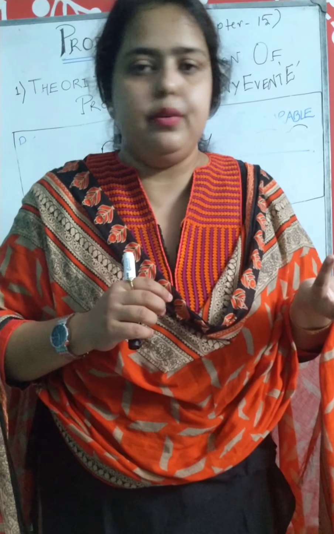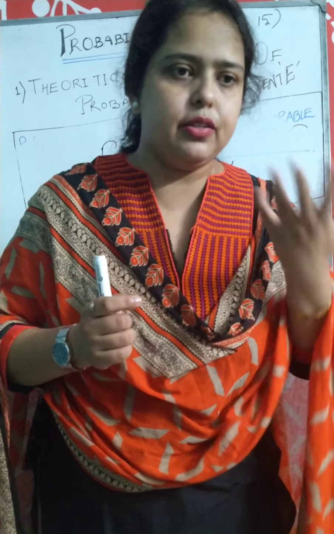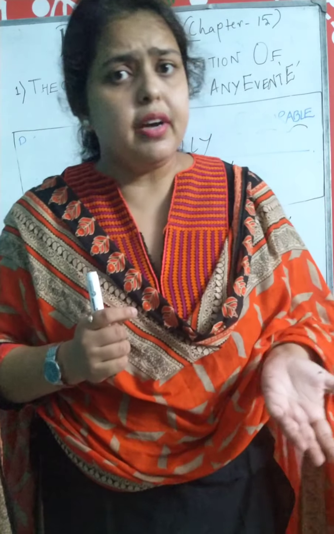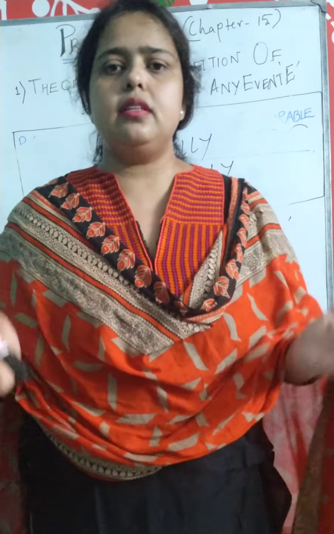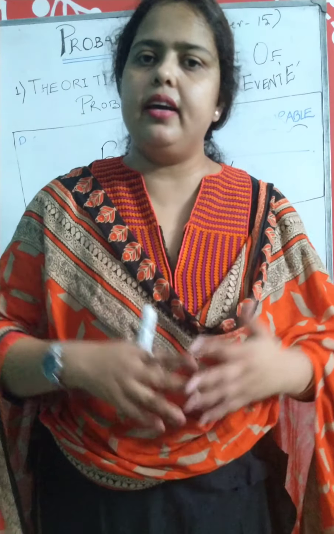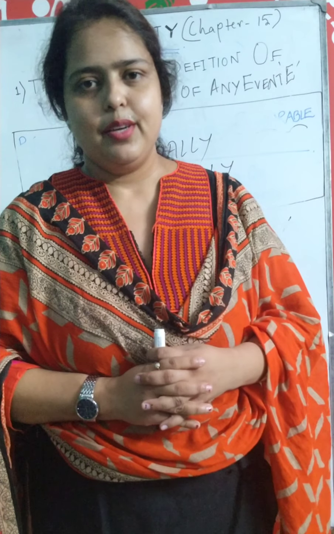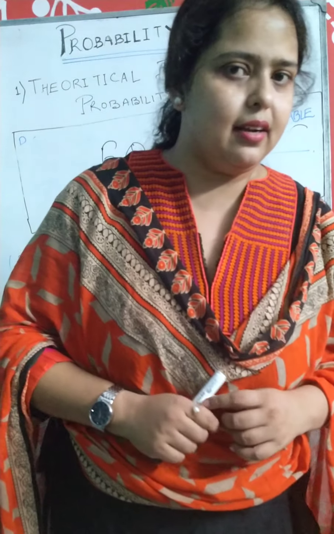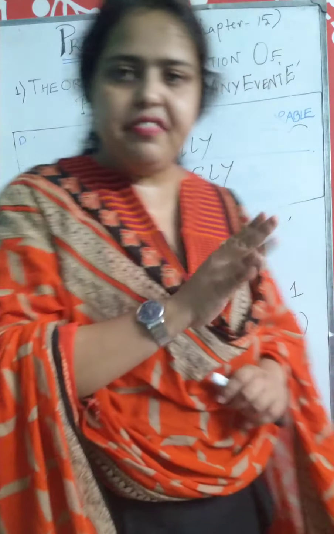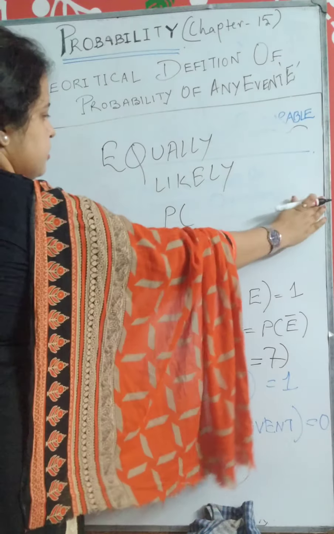Their probability values are equal. Getting 1 is the same as getting 2, 3, 4, 5 and 6, because it's a fair dice, a fair game. So remember, equally likely events means events which have the same probability values.